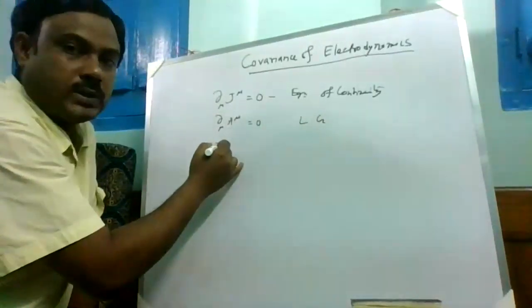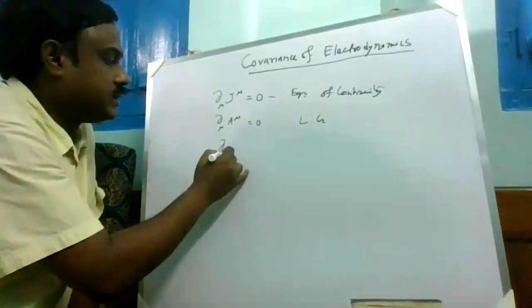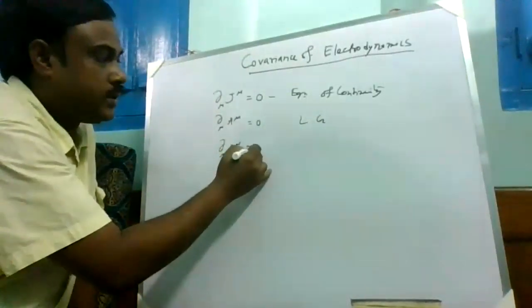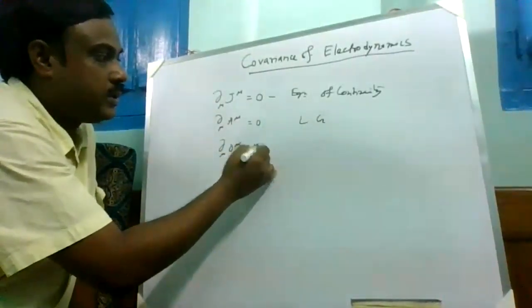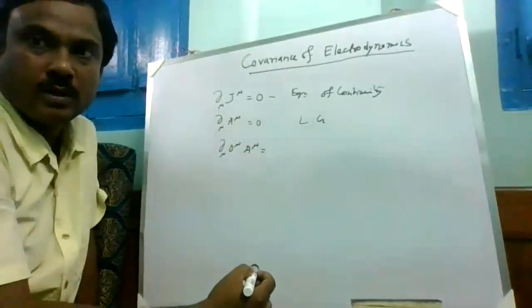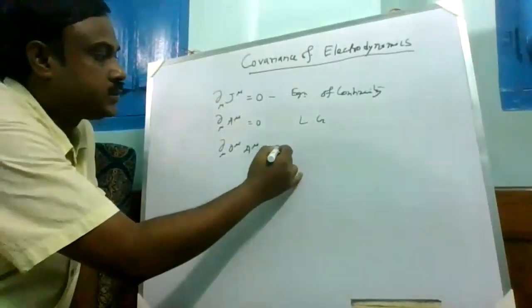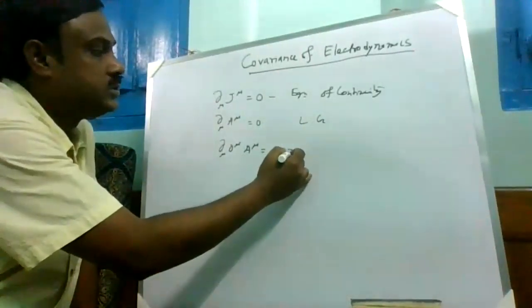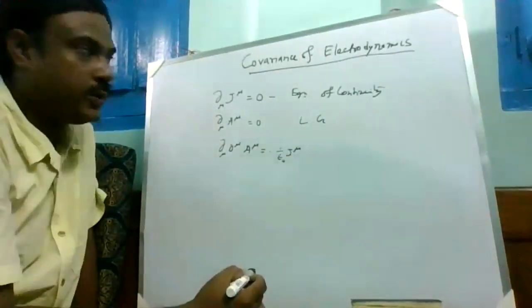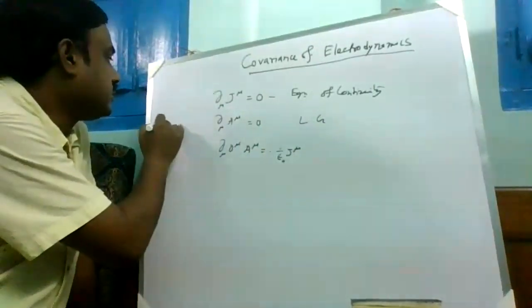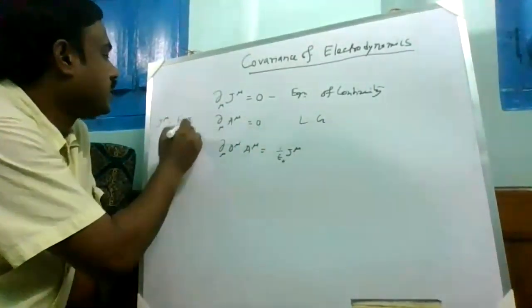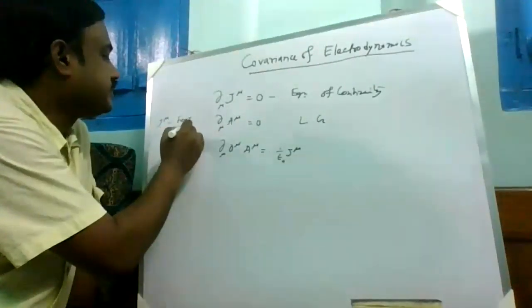And the wave equation is something like this: del mu del mu A nu equals minus 1 by epsilon 0 j nu, where j mu is the four current density.